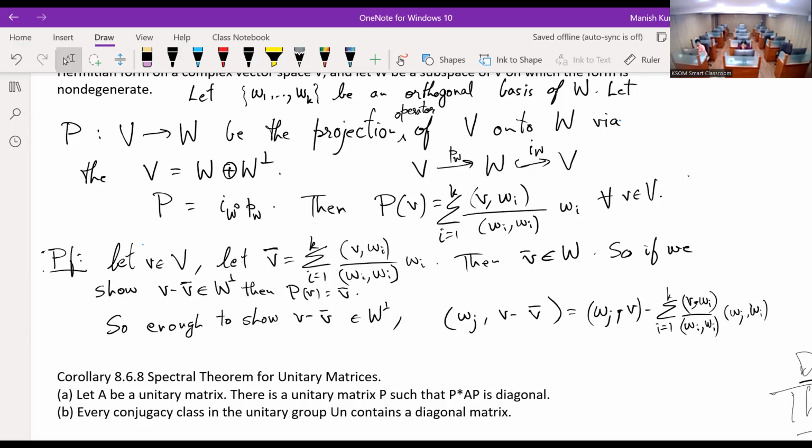I've just written down the formula for v bar on the right hand side. Remember it's an orthogonal basis, so wj comma wi survives only when j equals i.